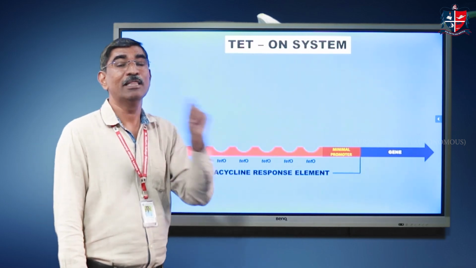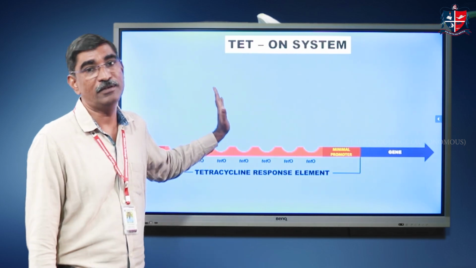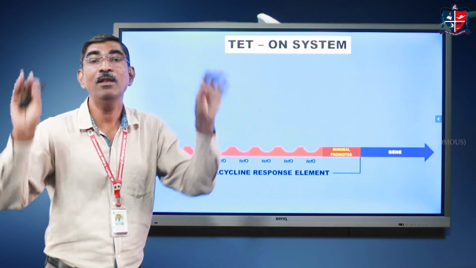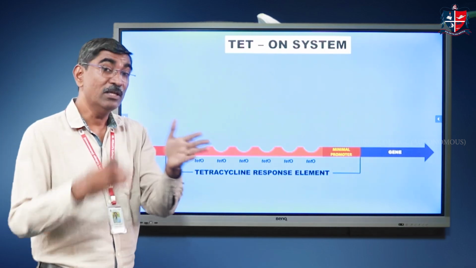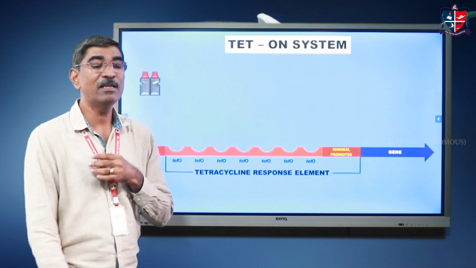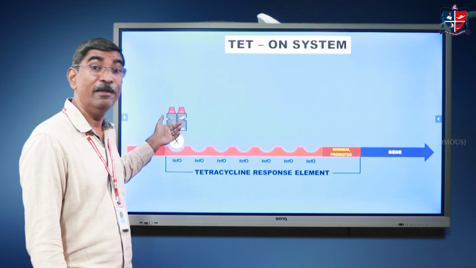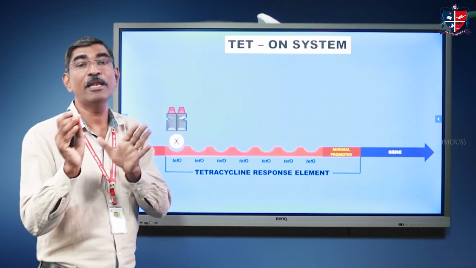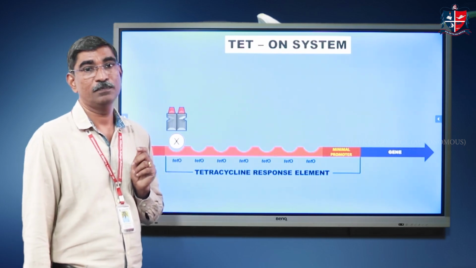But here, that fusion product is not able to bind at the operator in its normal condition. That means it is mutated, in the sense that its conformation is slightly changed. You can see here the conformation is different. So it cannot bind at the tetracycline operator.